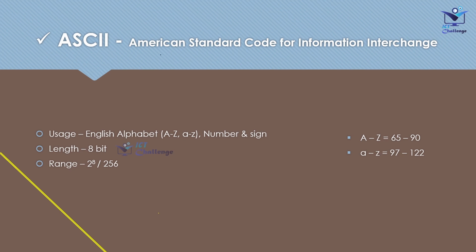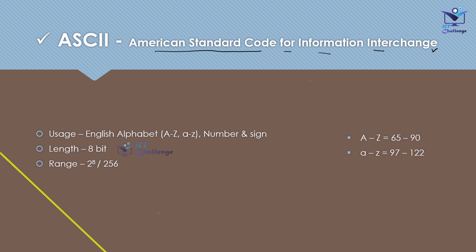You have to learn the full form properly, and you can also have a question in your MCQ asking the correct spelling of ASCII. So this is the American Standard Code for Information Interchange.